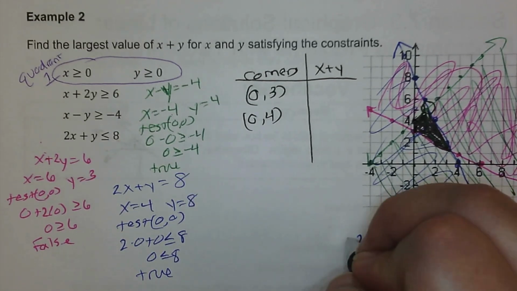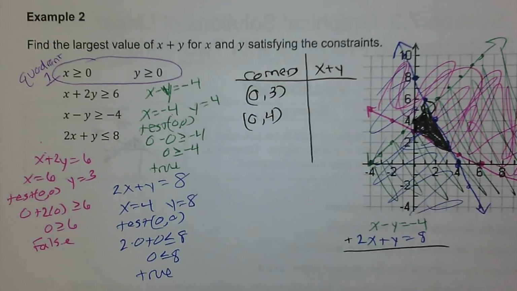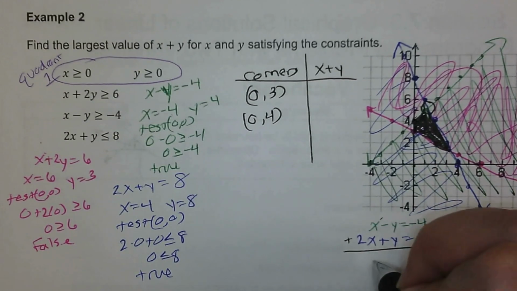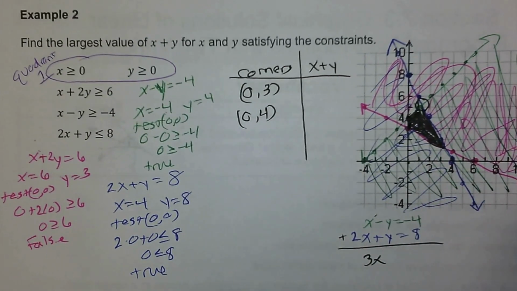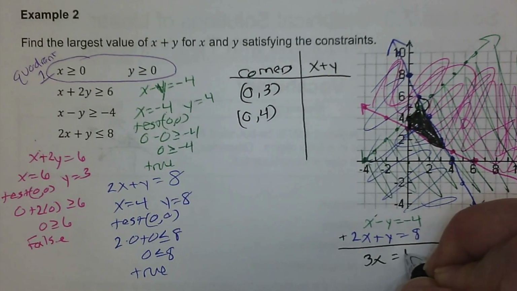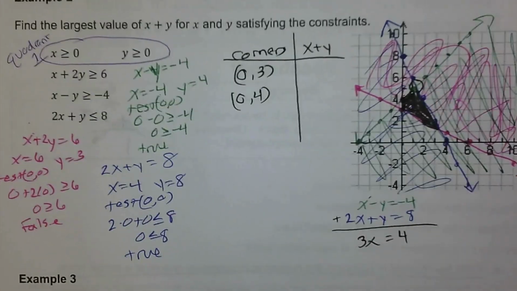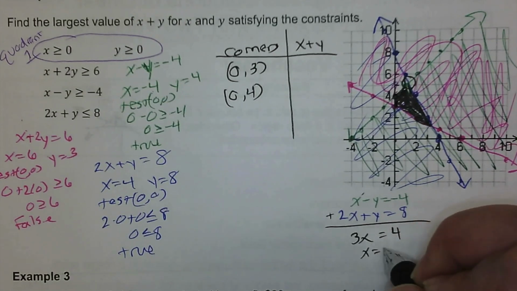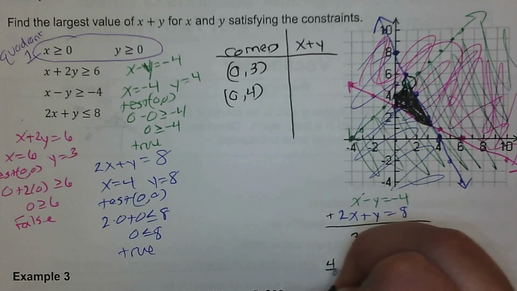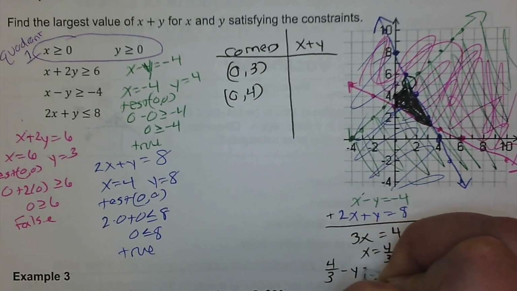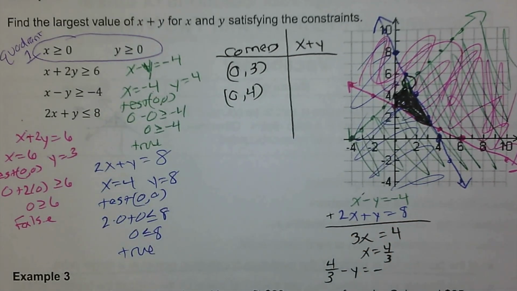Okay, this isn't too bad. This is set up very nicely for the elimination method. We get 3x, the y's will cancel, equals 4. So x equals 4/3. And then I would want to plug it in probably to the green one. 4/3 minus y equals negative 4.